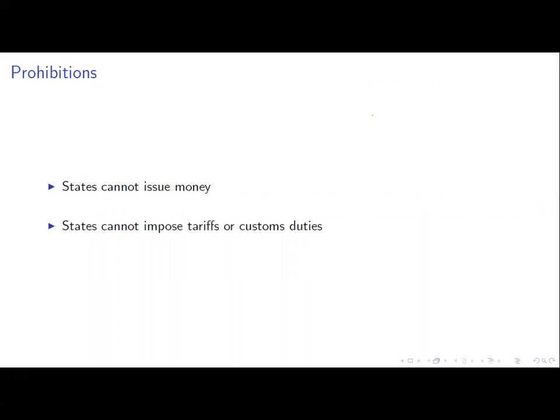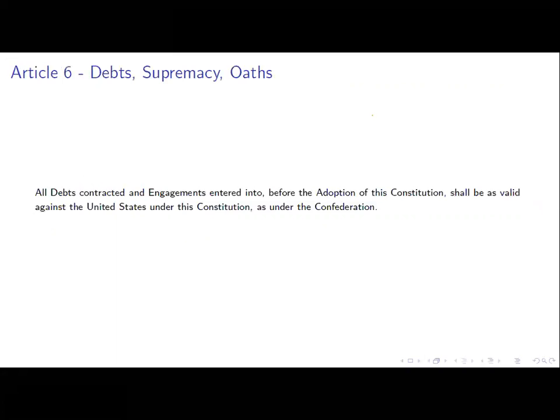They can't do it, so they take over there. Again, all debts contracted and engagements entered into before the adoption of this Constitution shall be as valid against the United States under this Constitution as under the Confederation. So it's in the Constitution that they're on the hook for all the debts up to this point.